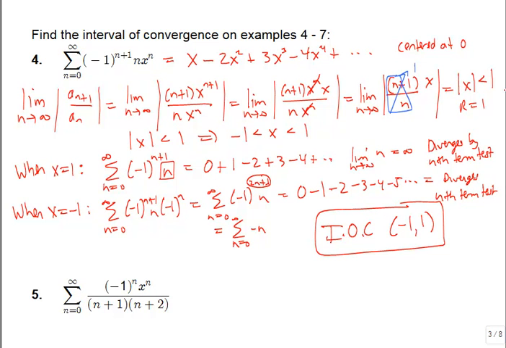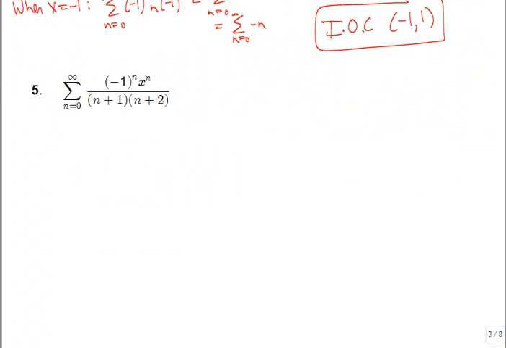Okay? Let's try another example here. So here we have the series -1 to the n, x to the n over n plus 1 times n plus 2. So to start off with, to find that interval of convergence, we're going to start with our ratio test again and take the limit as n goes to infinity of a sub n plus 1 over a sub n.